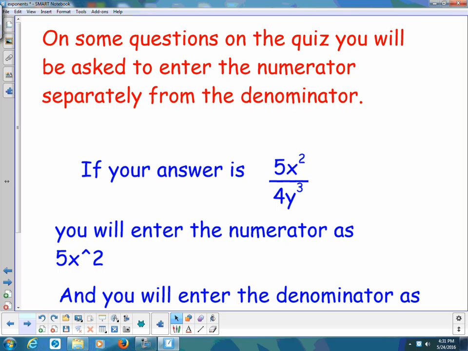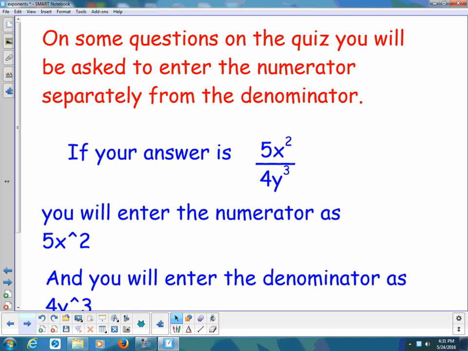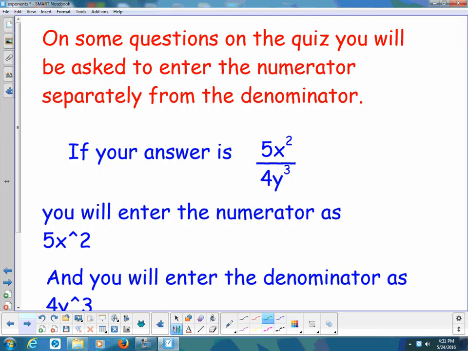Okay, on some questions on the quiz, you will be asked to enter the numerator separately from the denominator. So I want you to practice so you know what that's about when you see these questions on the quiz. So if you reduced your rational expression and you got 5x squared over 4y to the 3rd, you're going to enter the numerator as 5x raised to the 2nd, just like you see here.